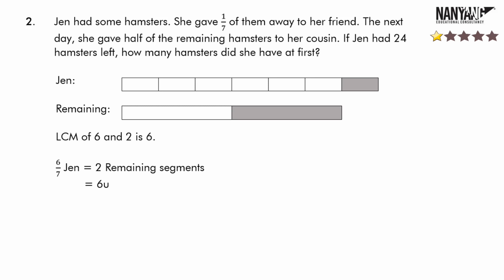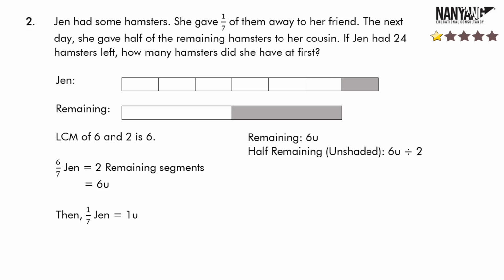That is equals to 6 of Jen's parts as well. So 1 of Jen's part will be equals to 1 unit. Now let's look at the remaining. Since there are 6 units of hamsters in the remaining, we can find out what the unshaded region is. This is 6 units divided by 2, 3 units.